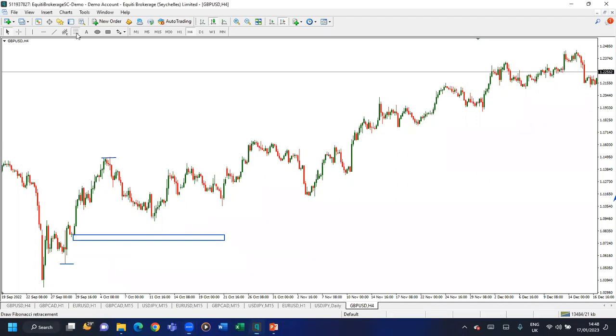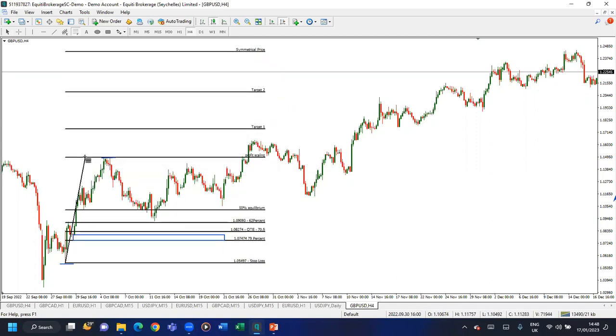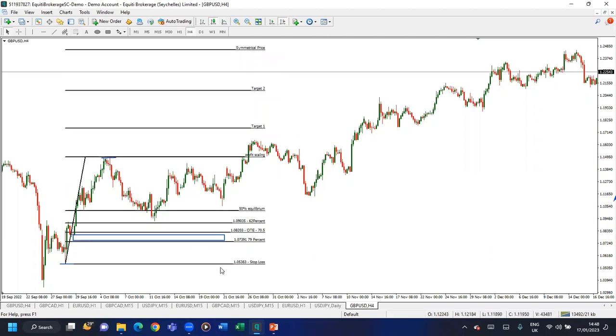But when you use your Fibonacci, you can see clearly that the point of entry here is at the 62% Fibonacci level. This confirms your entry here for a buy.